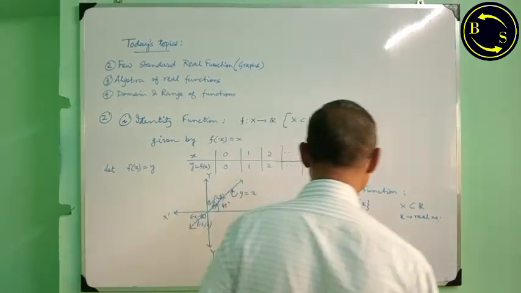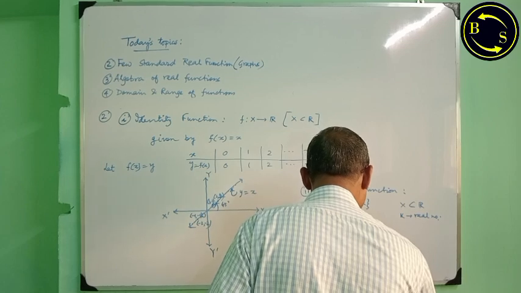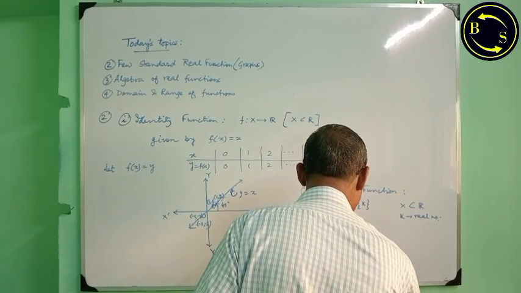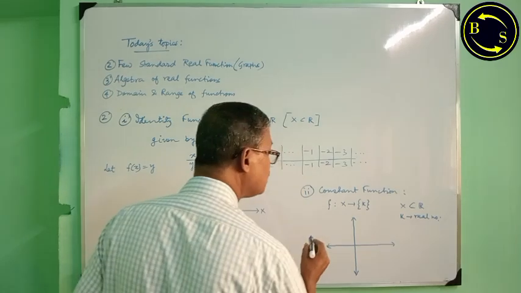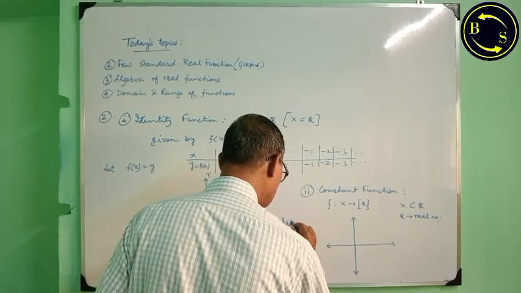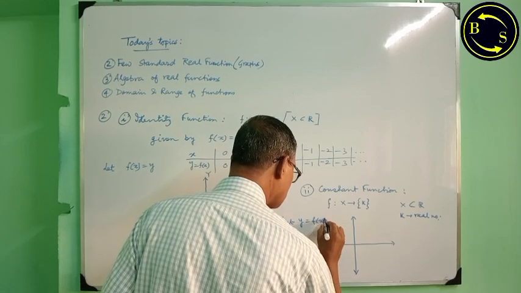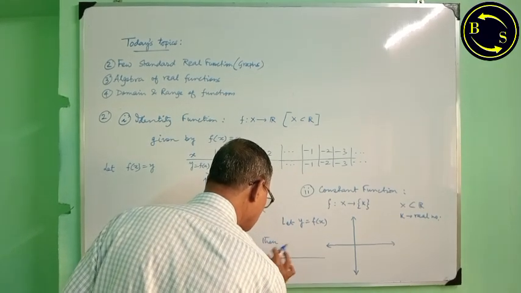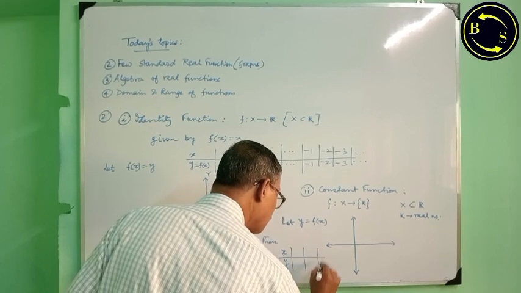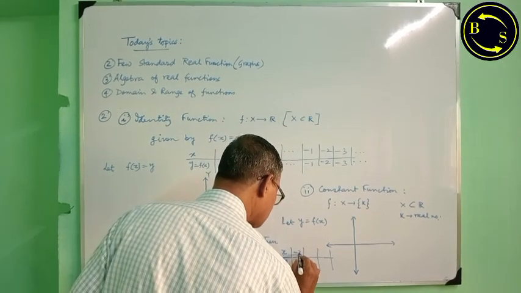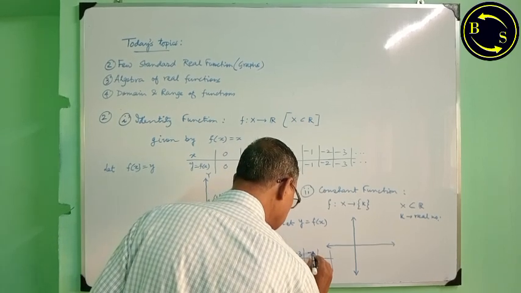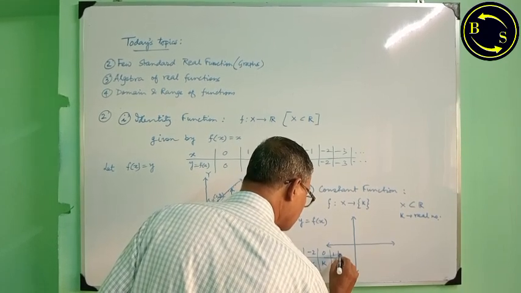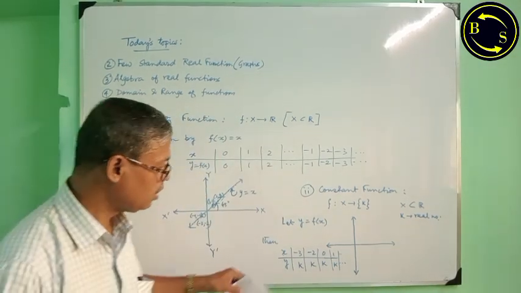Now if we represent that with the help of a graph, and if we make the table, then the table will look like this.